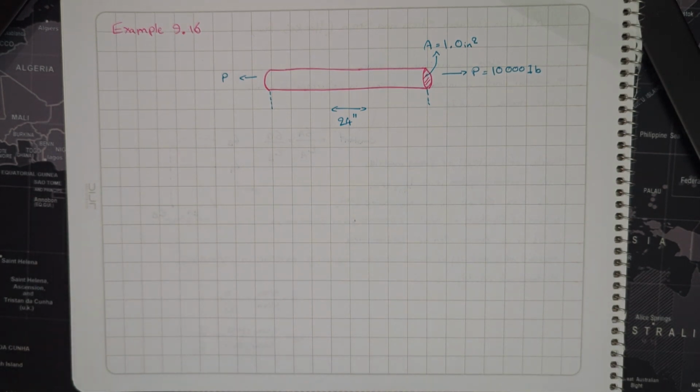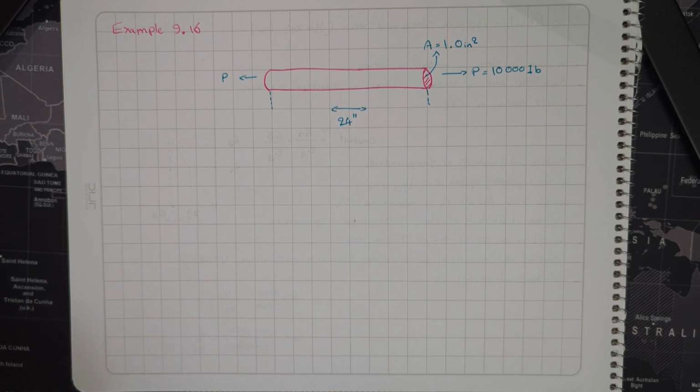Assume the proportional limit of each material to be as follows: steel 34,000 psi, aluminum 34,000 psi, and titanium 125,000 psi.